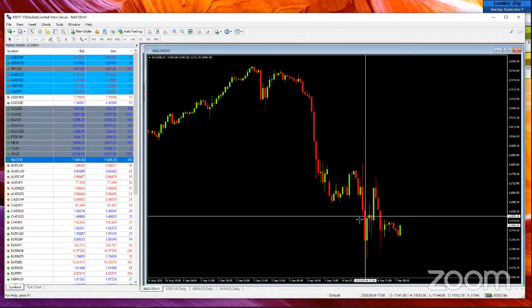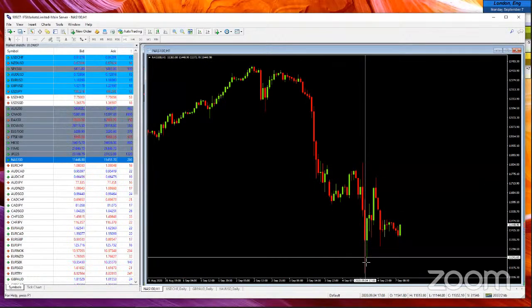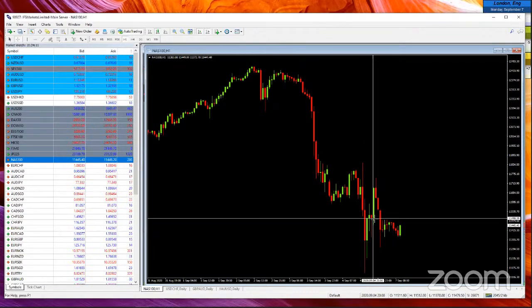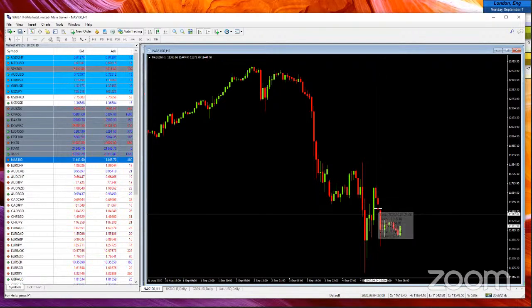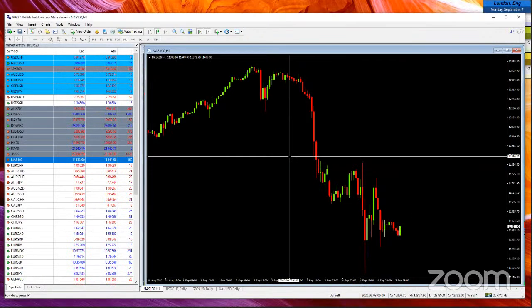Actually, not towards the end of the day, but towards the end of the UK session, it was selling off, and then when the UK closed, the Nasdaq started to recover somewhat. But by the end of the session, it was back down here again. So kind of bouncing around in the middle, and that's what I'm looking for today.